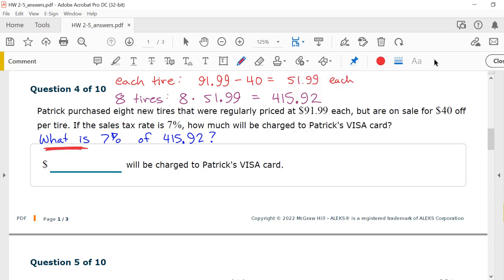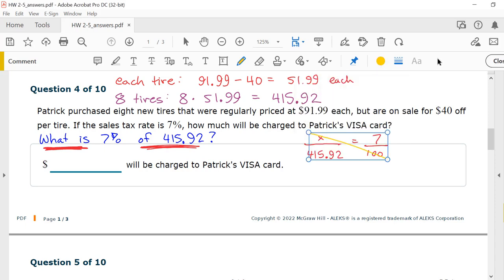Here we go with our is over of. What is, so our is going to be x, 7% of $415.92. Is over of equals percent over 100.